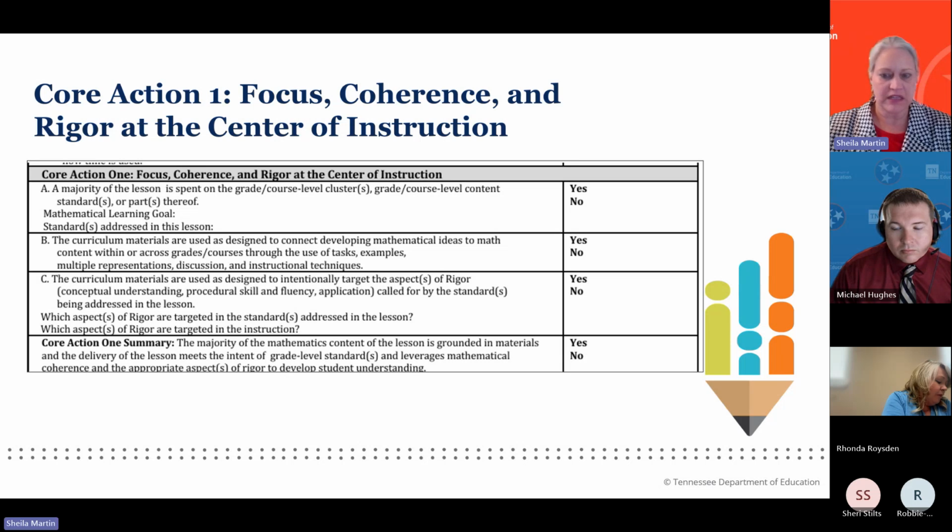About 10 more seconds to think about core action 1.